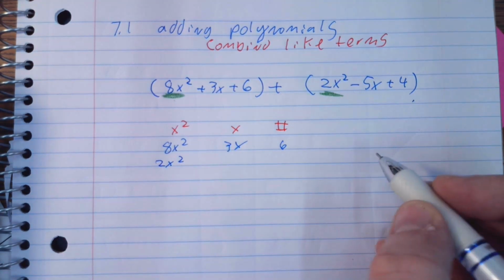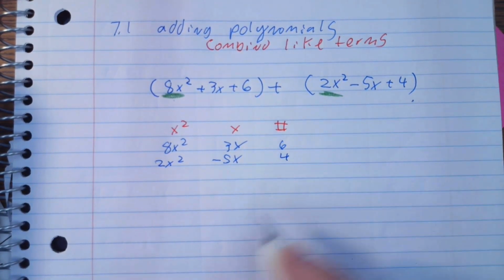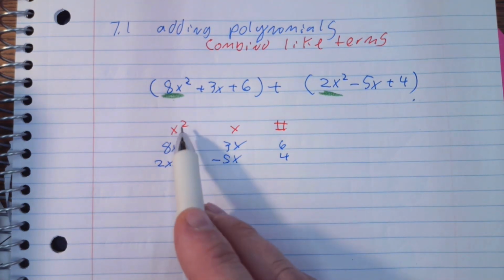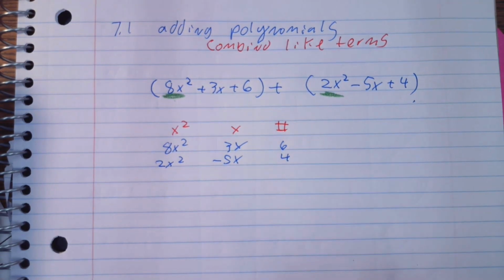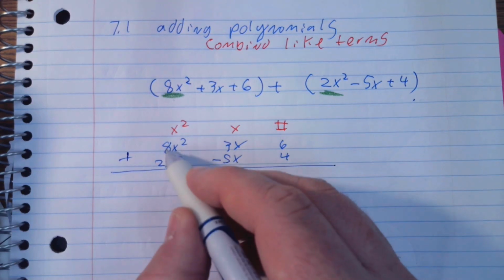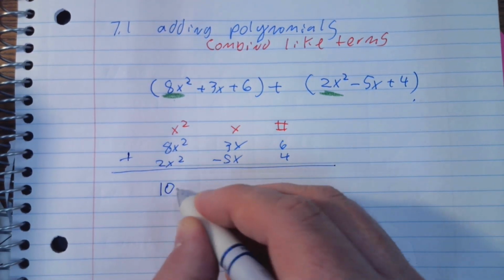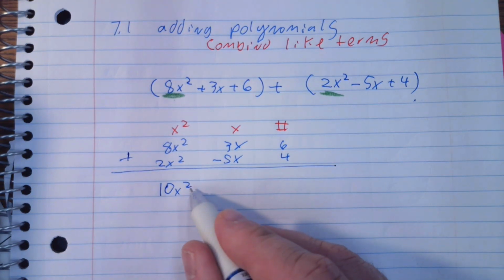This is going to help you organize it to get the right answer, because order does matter. You want to have the biggest exponent, so basically 2, 1, in this case, no exponent. So then I just add it up, elementary school style. 8 plus 2 is, okay, does that change that exponent?